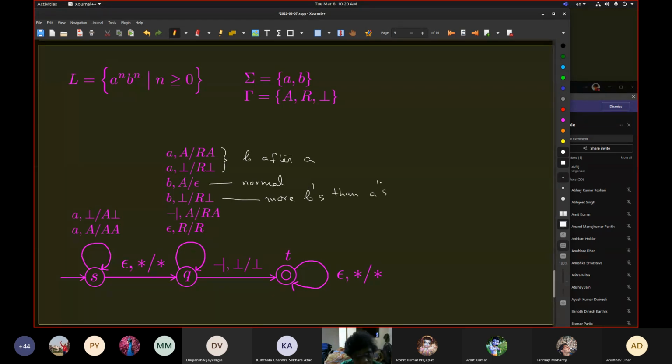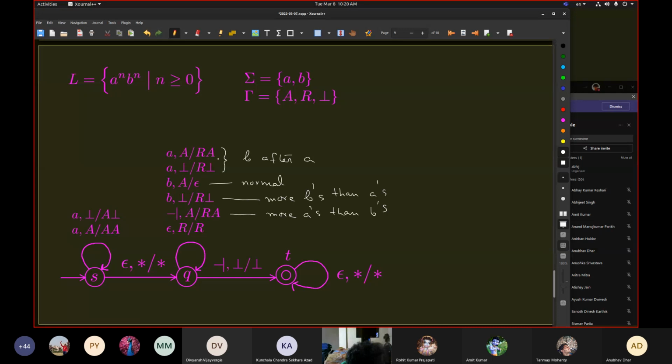Okay. And this is a situation where the string is still of the form A star B star, but when this end of input is read, there are excess capital A's still in the stack. So that essentially implies more A's than B's.